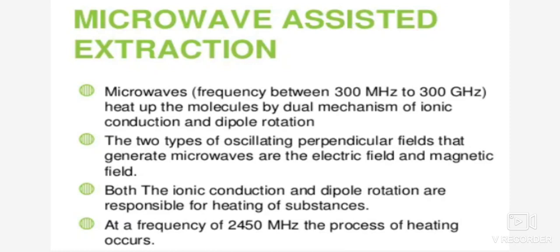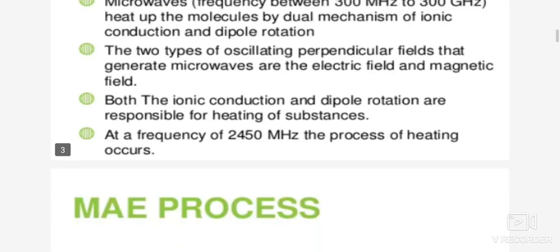The two types of oscillating perpendicular fields that generate microwaves are the electric field and the magnetic field. Both ionic conduction and dipole rotation are responsible for heating of substances. At a frequency of 2450 MHz, the process of heating occurs.